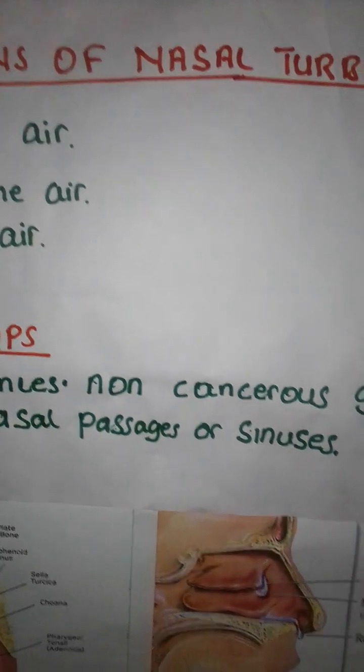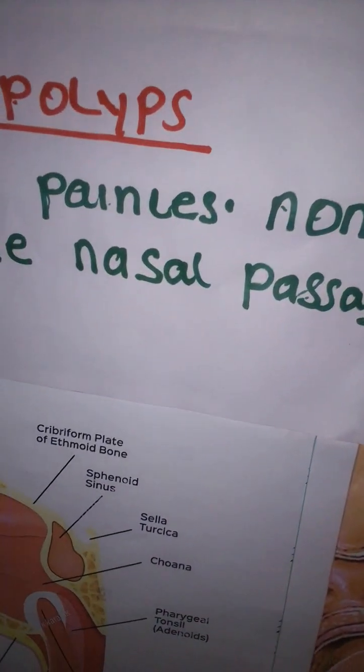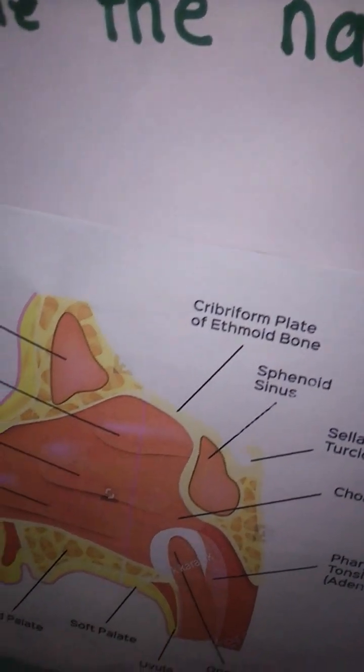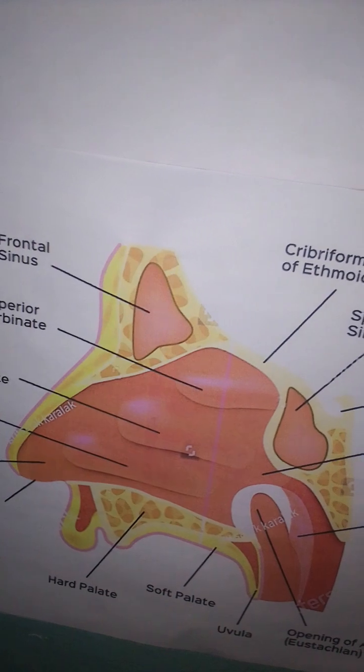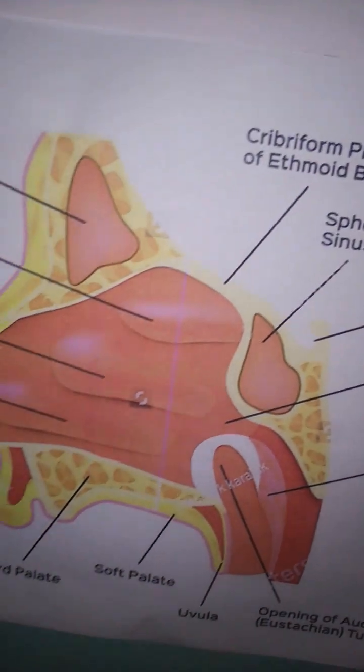Now let's look at the diagram which shows the nasal cavity and the turbinates. As you can see, this is the diagram of the nasal cavity.